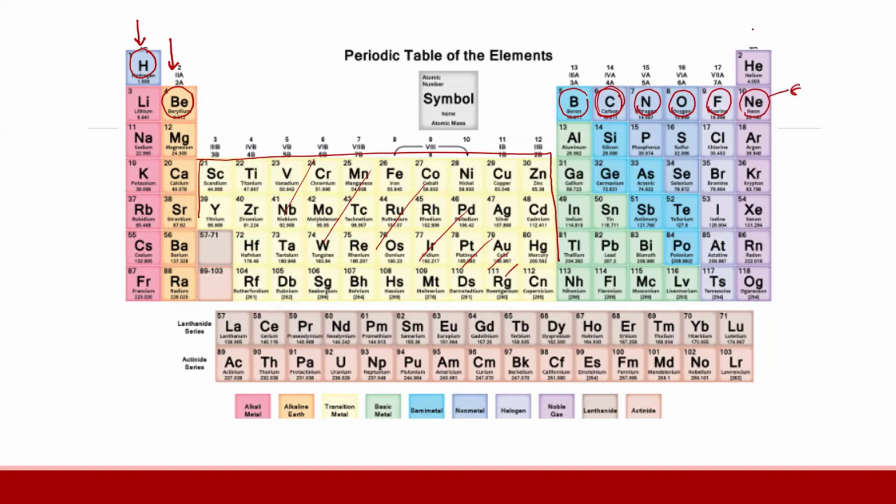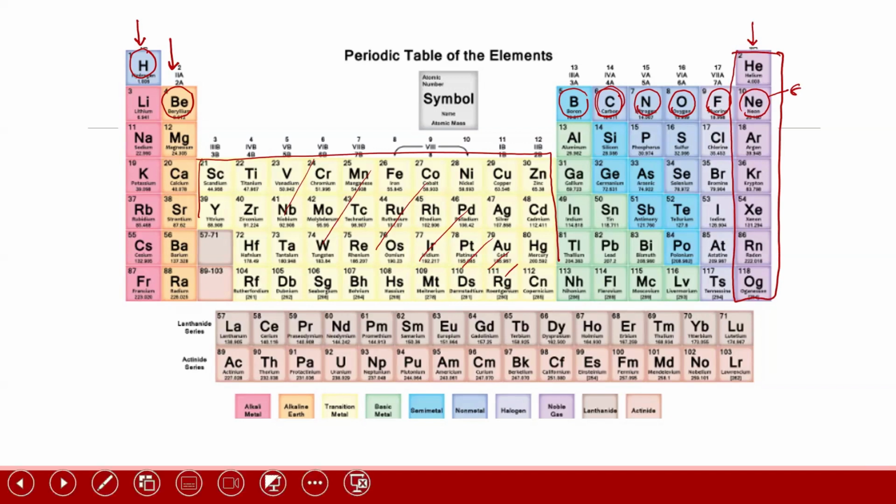So this one, if you look at the outermost shell, it is fully filled. So here we call them inert gases. They don't react with anything. They are inert gases because their electrons are filled at the outermost shell.